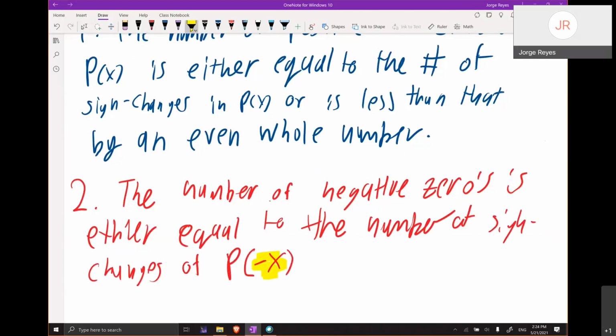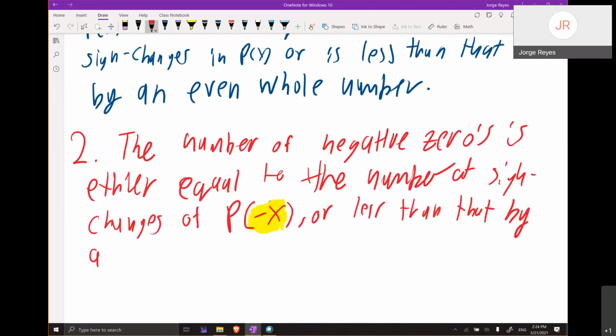Okay, so you got to do a little bit more work here. P of negative x or less than that by an even whole number.